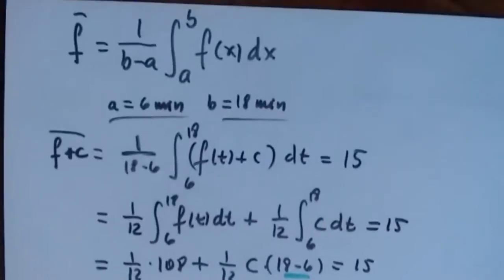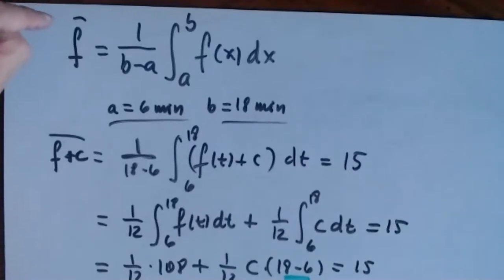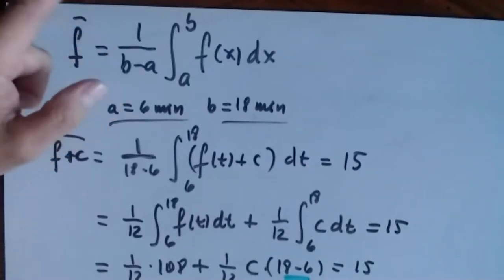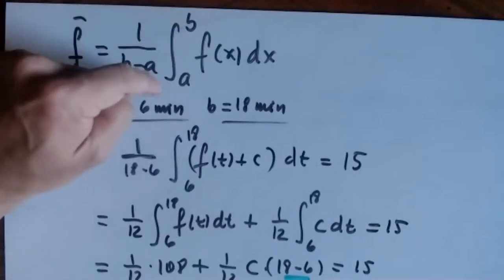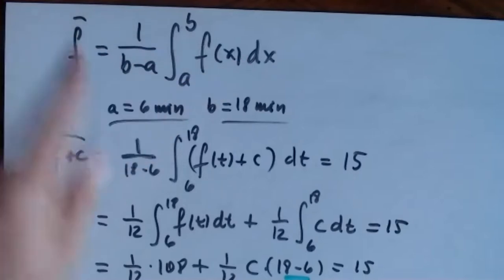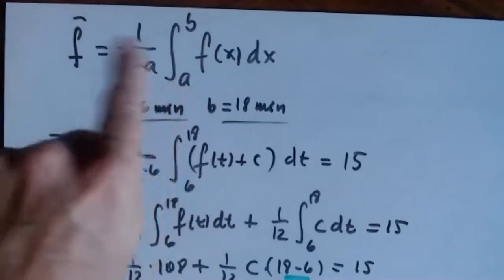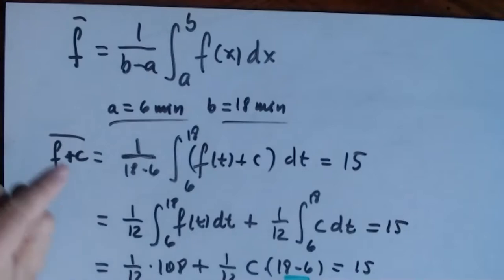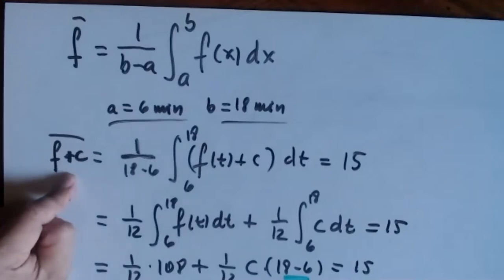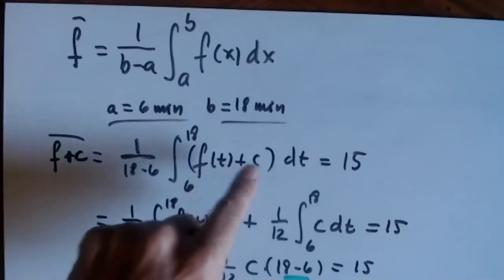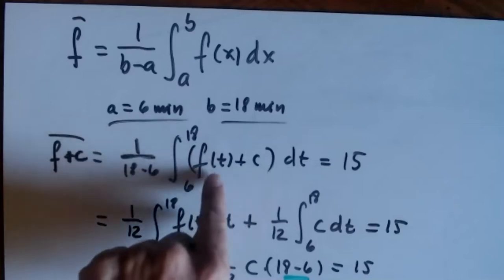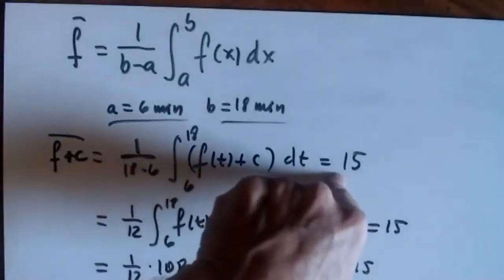Okay, a ver, again, definition. The average value of a function is not the addition of values divided by 2 or something. It's this integral, 1 over b minus a, integral from a to b of f(x) dx, correct? Here, a and b are these two numbers. This is the function I want to get the average of, f plus c. 1 over 18 minus 6, integral 6 to 18, f(t) plus c, which is the one they gave me in the problem, dt equals, and this has to be 15.